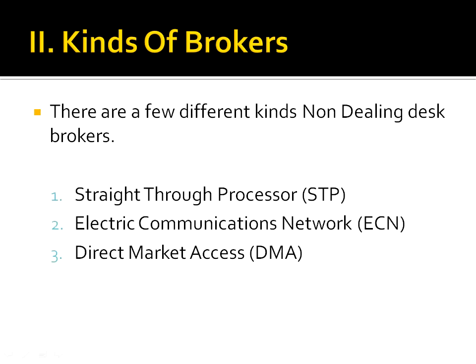There are a few different kinds of non-dealing desk brokers. Now, the first kind is the straight-through processor, or the STP. The second is the Electronic Communications Network. And the third is the direct market access, or the DMA.